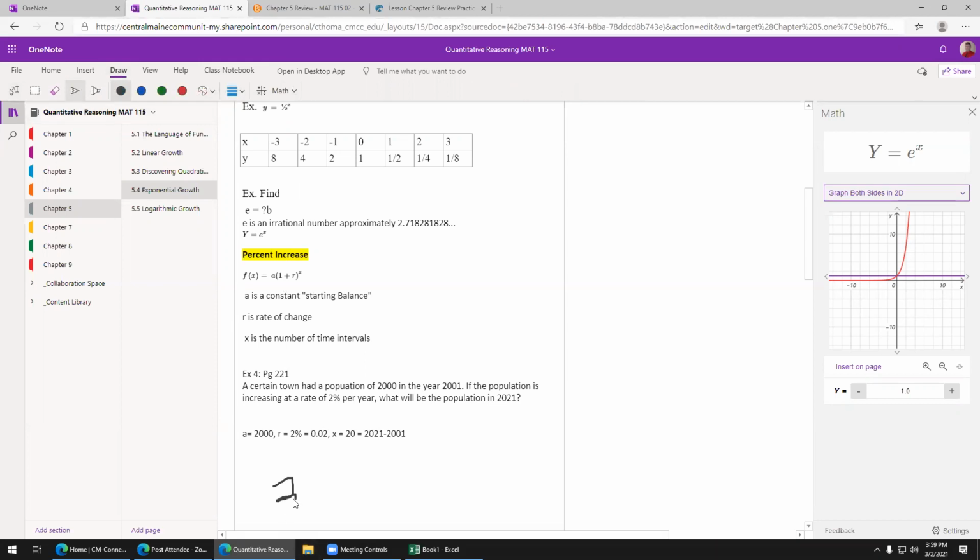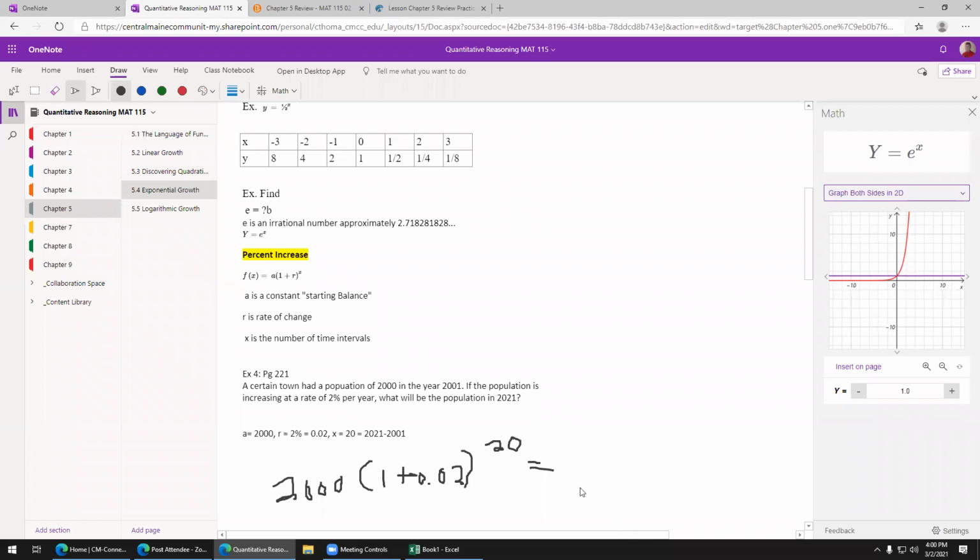So now we just put this into our lovely formula. So A is 2000, parentheses 1 plus 0.02, raised to the 20th power. So I go to my calculator, clear, 2000 times parentheses 1 plus 0.02, close parentheses, raised to the 20th power.